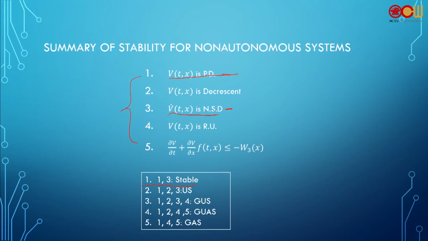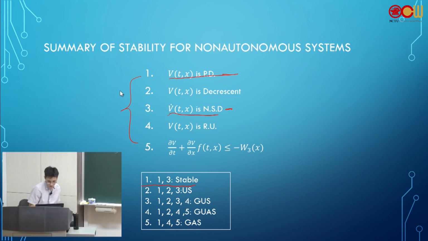It's called uniformly stable, which is more restrictive. If it satisfies 1, 2, 3, the only difference is the second condition: V is decreasing uniformly.